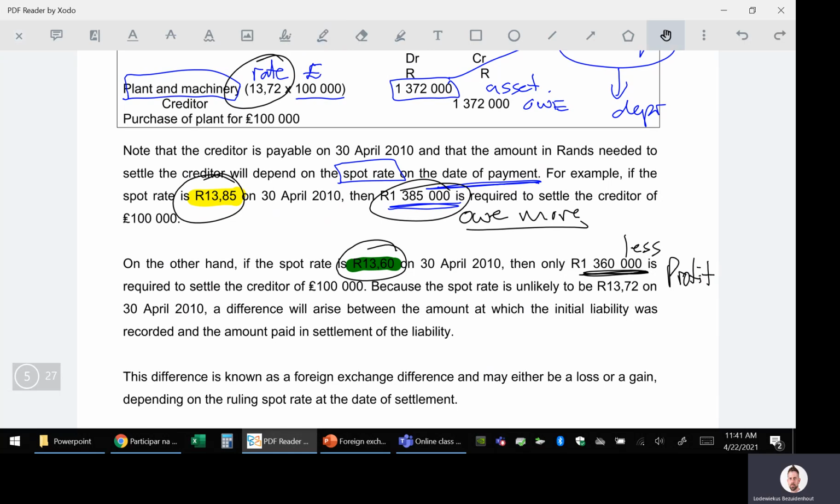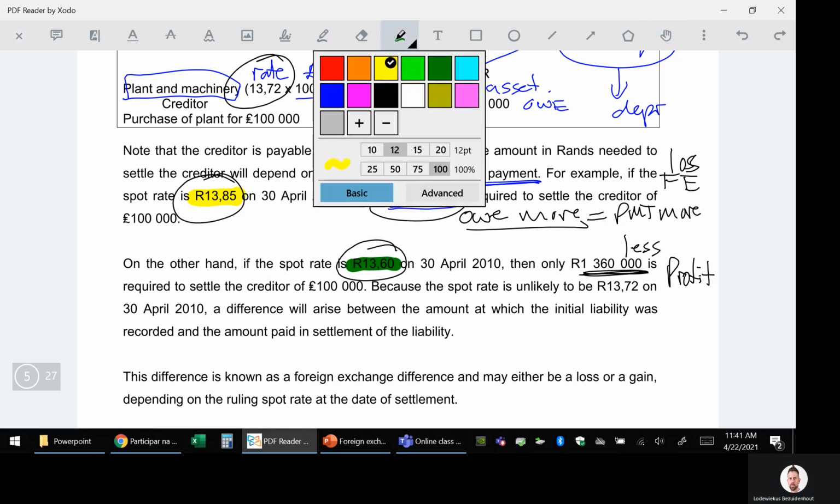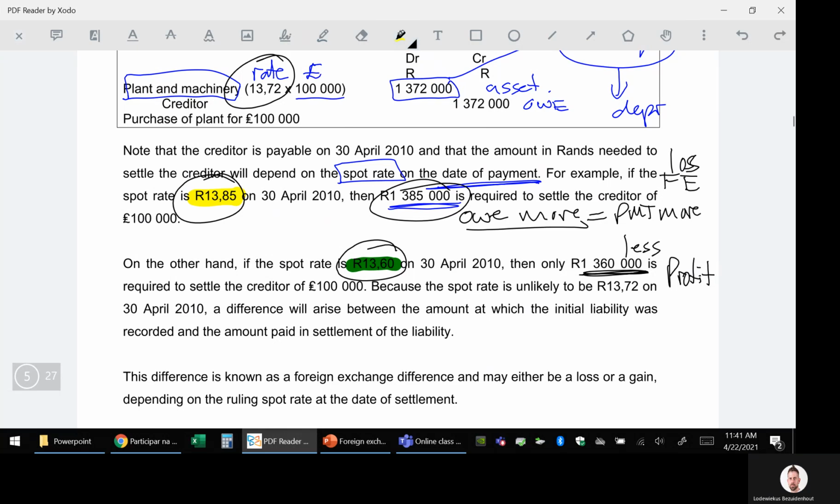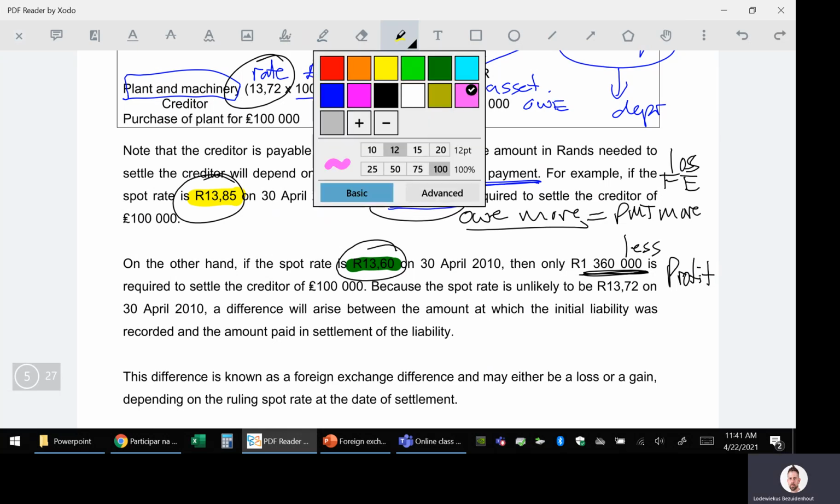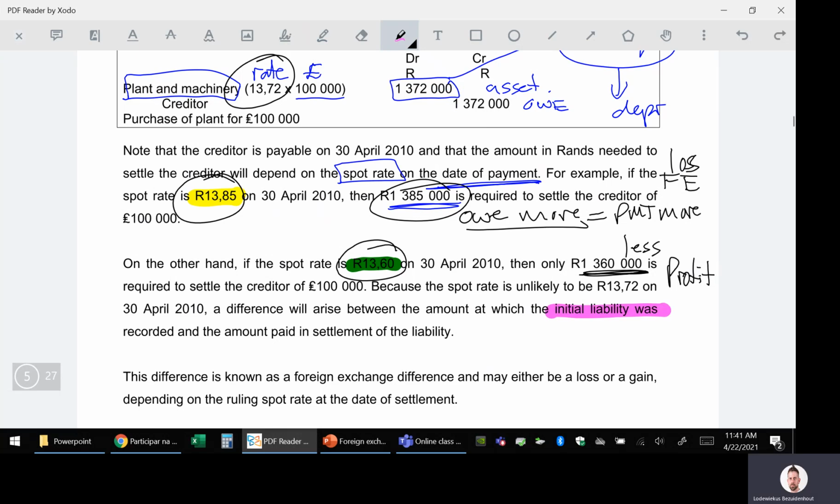If we have to pay more, we owe more, the payment is more, then it will be a foreign exchange loss. So the difference between the initial liability amount and the settlement of the liability will be the foreign exchange profit or loss.